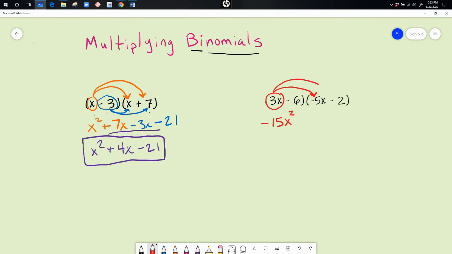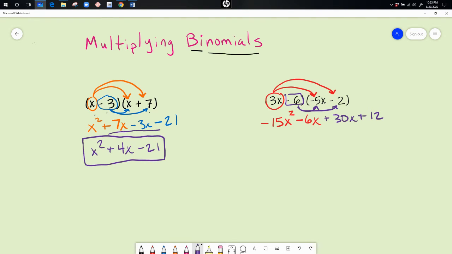Then 3x times this whole negative 2, negative 6x. Now we take this negative 6 and multiply it by negative 5x. That's a positive 30x. Negative 6 times negative 2, positive 12.